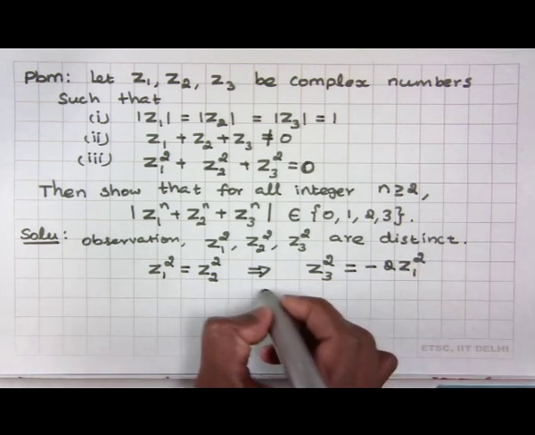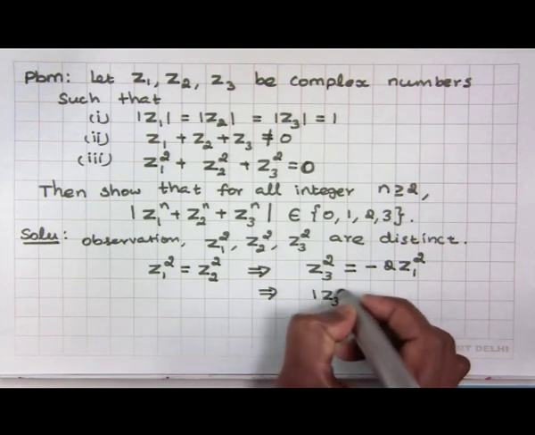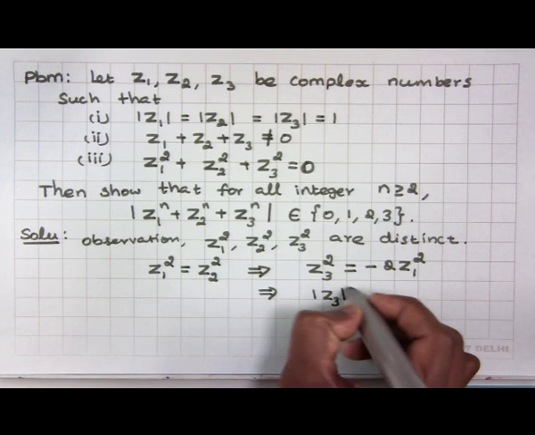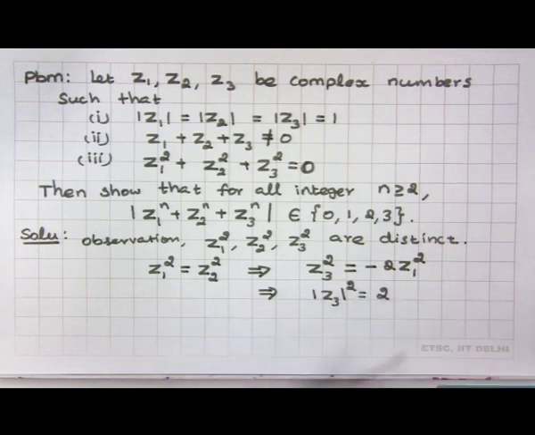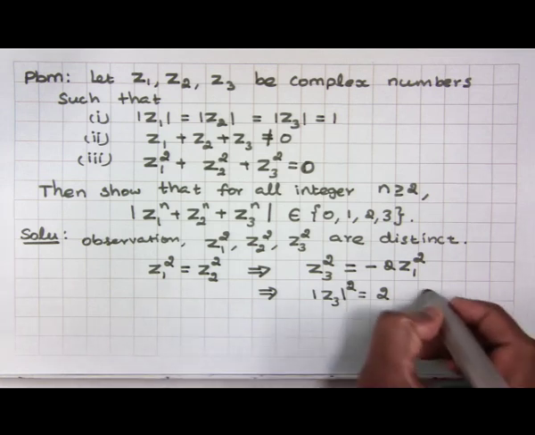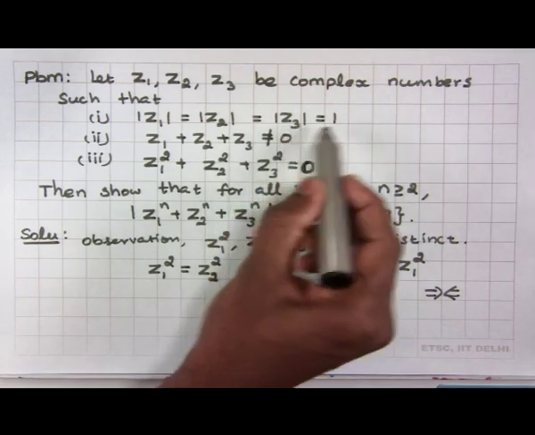That tells us that modulus of Z3, whose square is basically 2, contradicts our assumption that modulus of Z3 is 1.